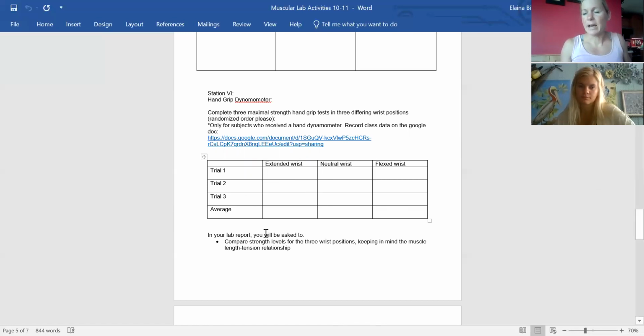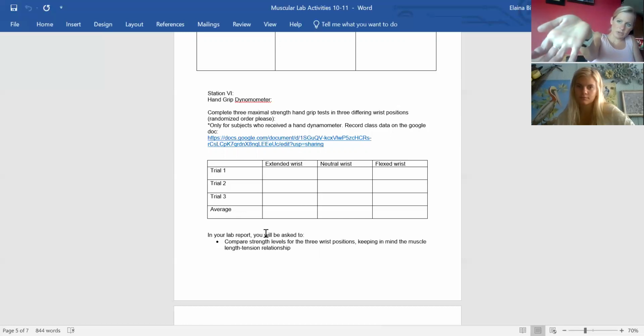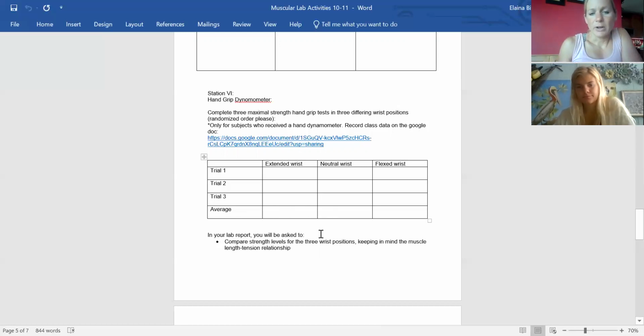So again, with that, and I think I showed that in the video for using your equipment, but basically flexed position, your wrist is going to be turned in. Neutral position is just like a flat position, and then extended position, your wrist is kind of flicked back for each of those.